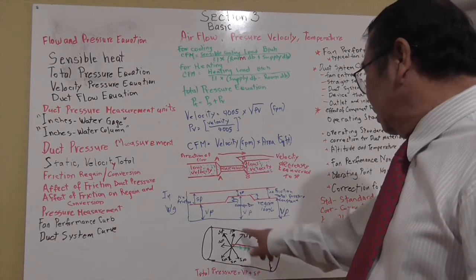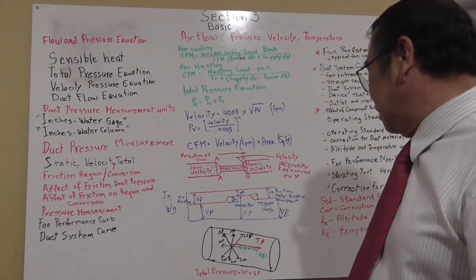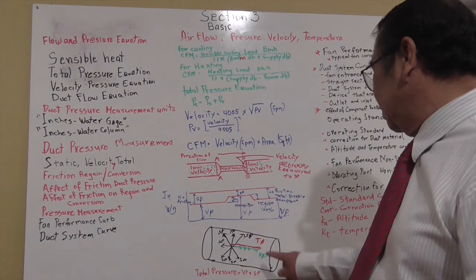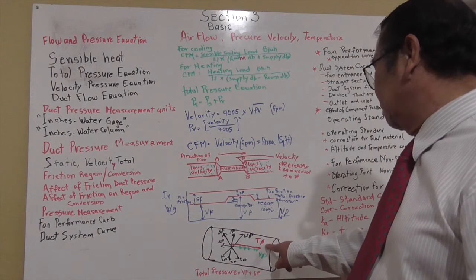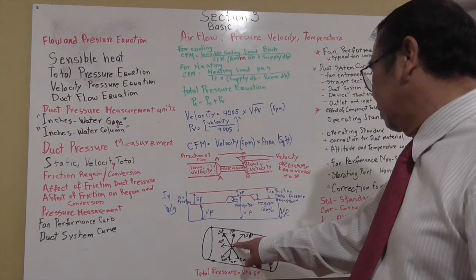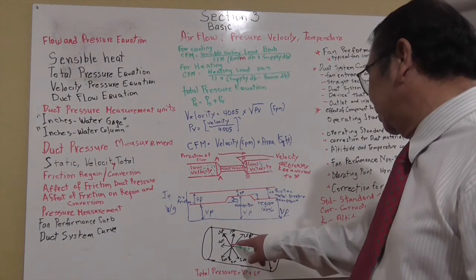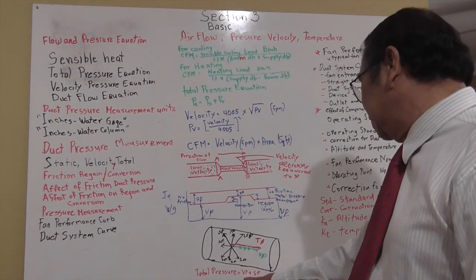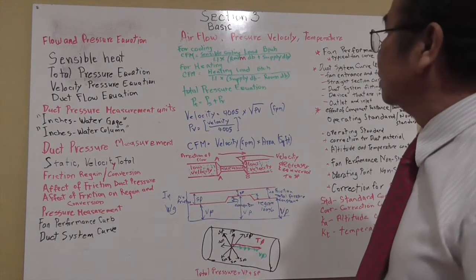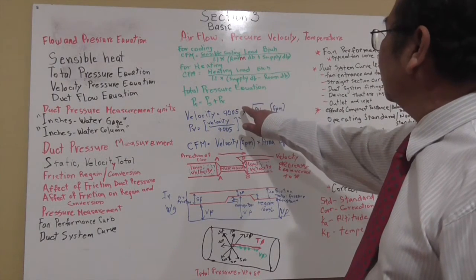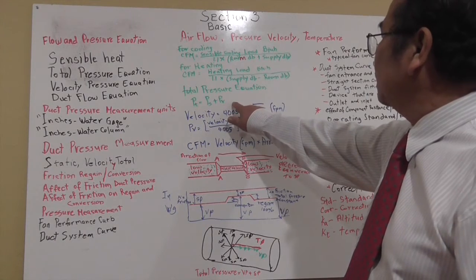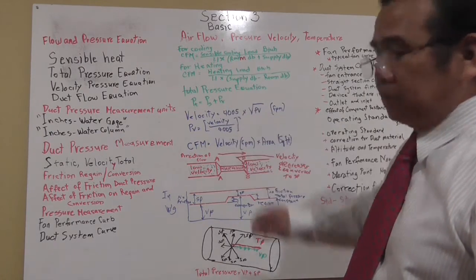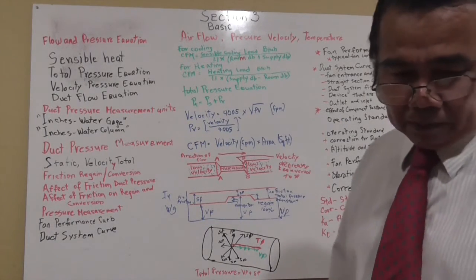You add the two, static pressure plus velocity pressure, which equals total pressure, the red one I have here. So the total pressure equation is total pressure equals static pressure plus velocity pressure.